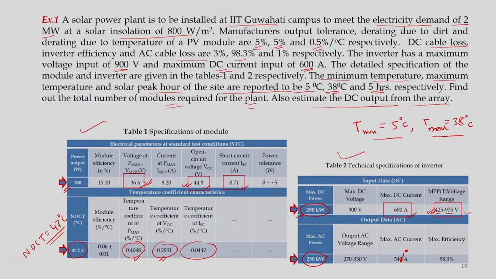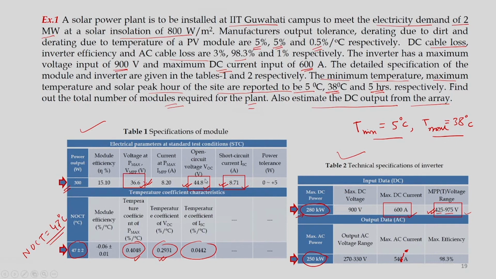So our next calculation will be the calculation of ISC effective, because we now need to know the number of strings to be connected in parallel. We know the expression: ISC STC minus gamma ISC multiplied by T op max minus T STC. What is the value of ISC STC? We will go back again. This value is 8.71.